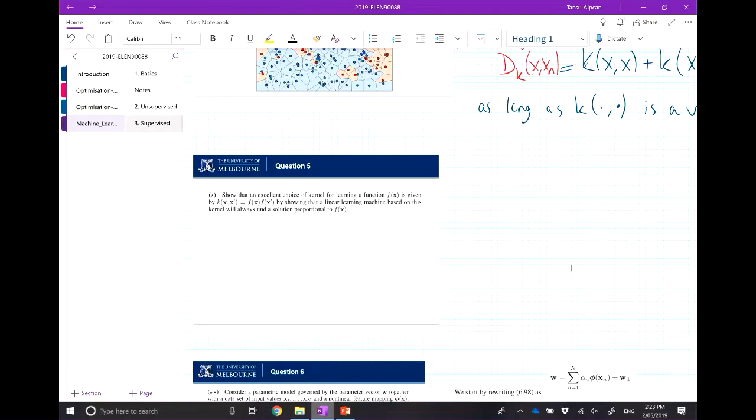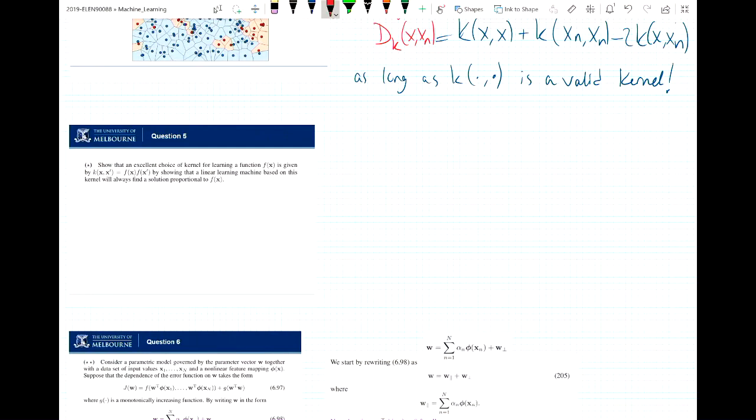Question 5 is actually quite easy. Let me make it a bit bigger. It says: show that an excellent choice of kernel for learning a function f of x, so that's a regression problem, is given by k of x, x prime.